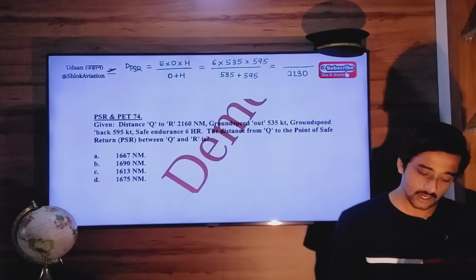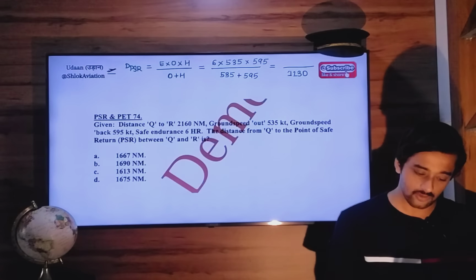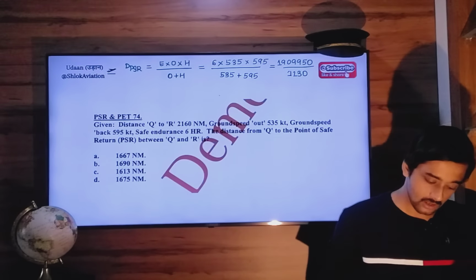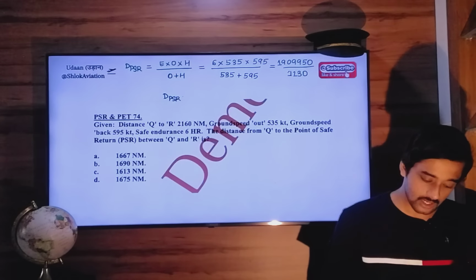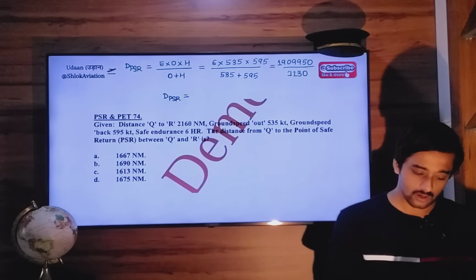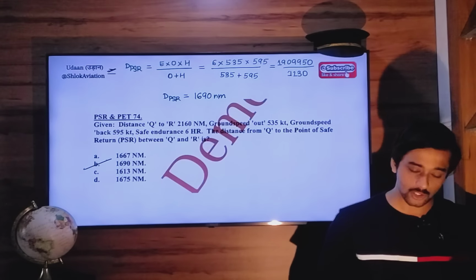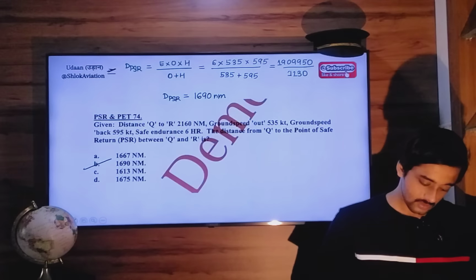In the numerator, 6 into 535 into 595, 1909950. So distance to point of safe return equals 1690 nautical miles. So option Bravo.